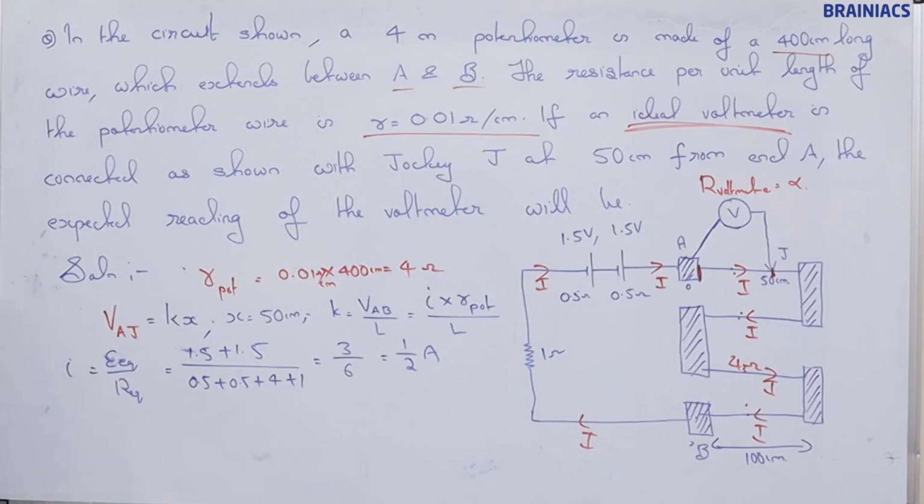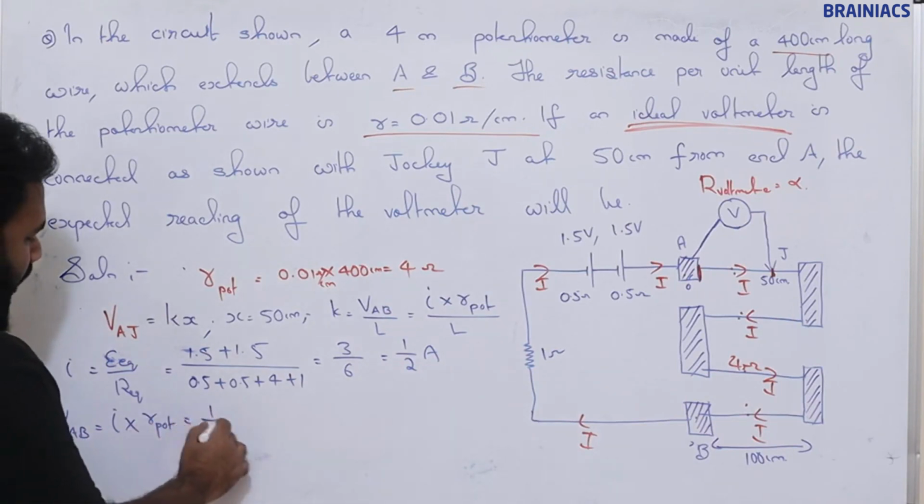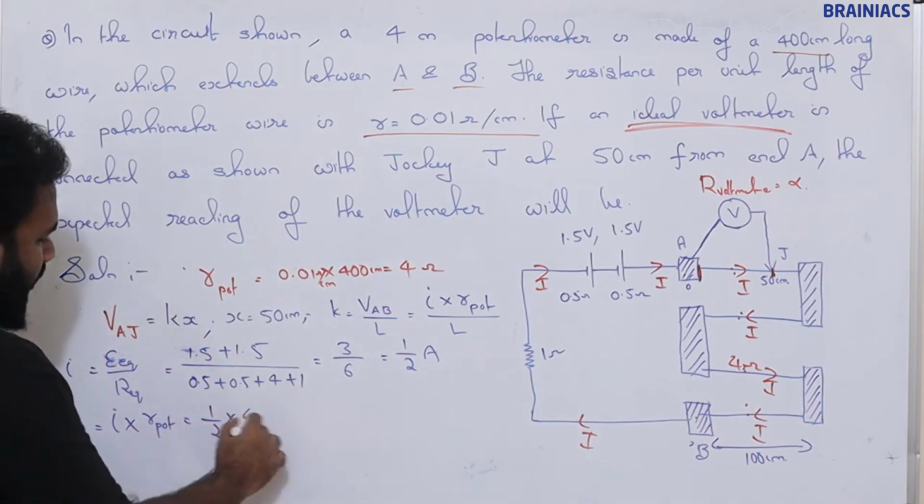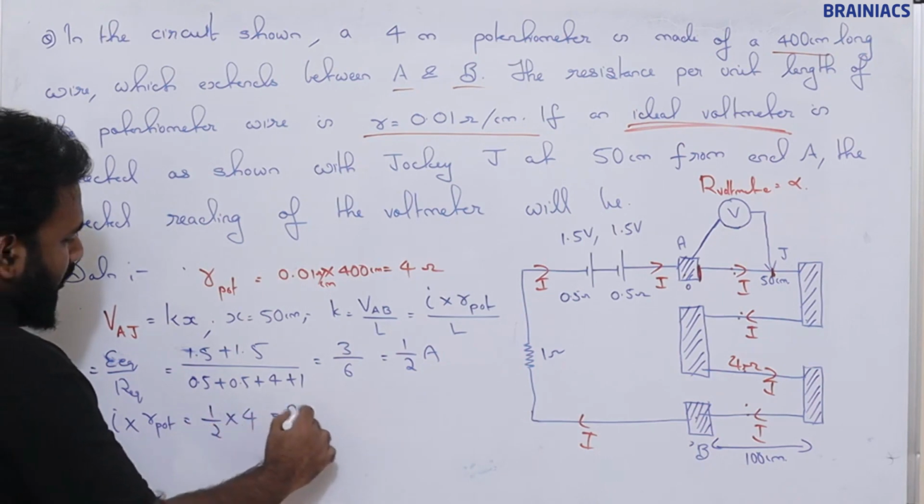So what is VAB now? VAB is current into the potentiometer wire resistance. V is equal to IR. VAB is equal to IAB into RAB. So I is equal to 1 by 2 and potentiometer resistance is 4 ohm. We will be getting 2 volt.